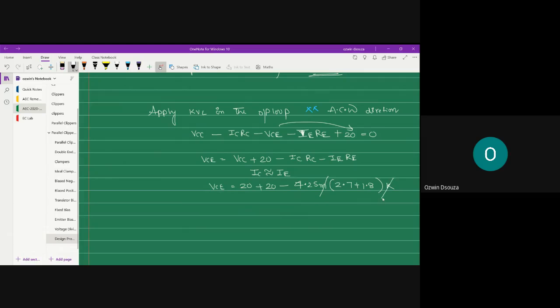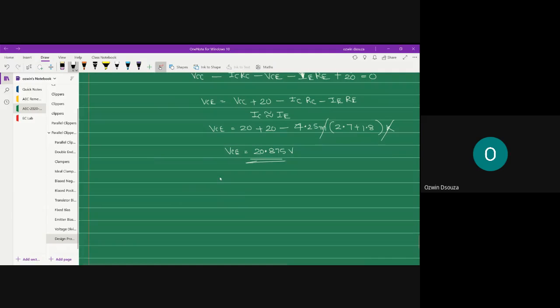So milli and kilo you can cancel out. So you're left with 2.7 plus 1.8, and it's 20.875. So VCE is equal to 20.875 volts. Okay, all right.